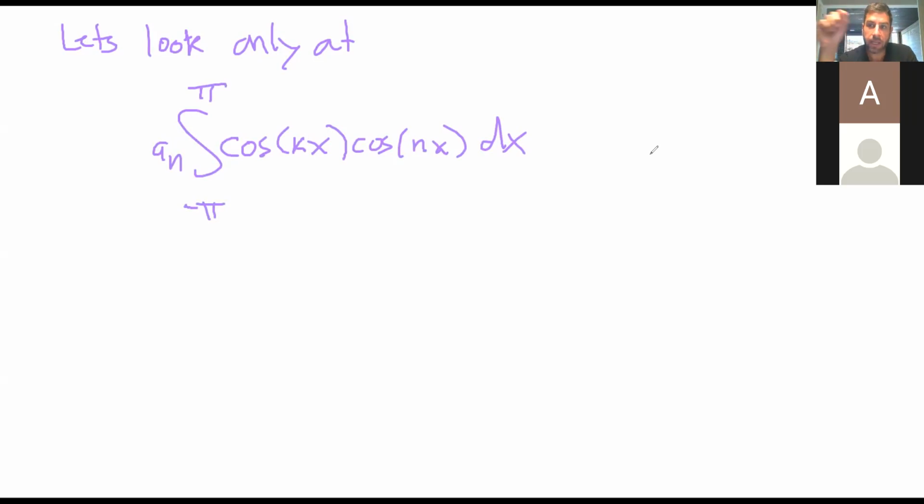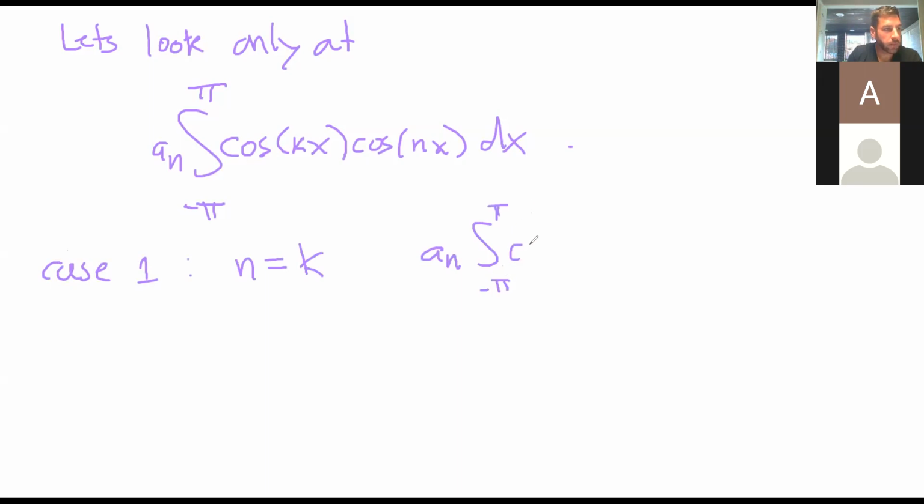We have two scenarios. We have the scenario where n and k are the same number. Case 1 is when n is equal to k. So when n is equal to k, what does the integral look like? It looks like a sub n, integral from negative pi to pi.